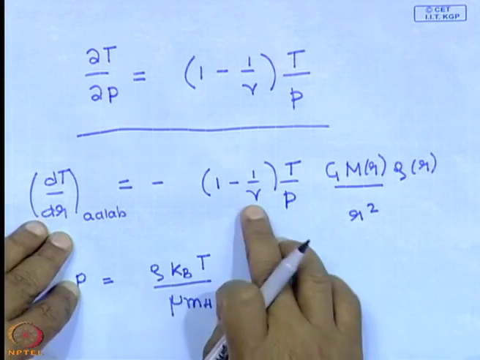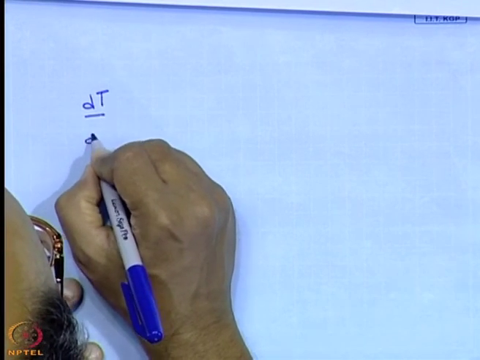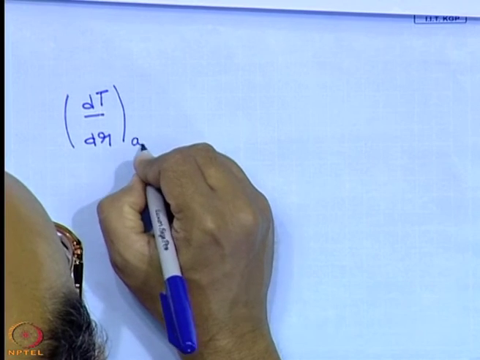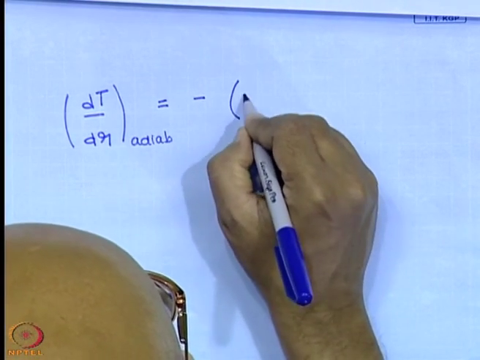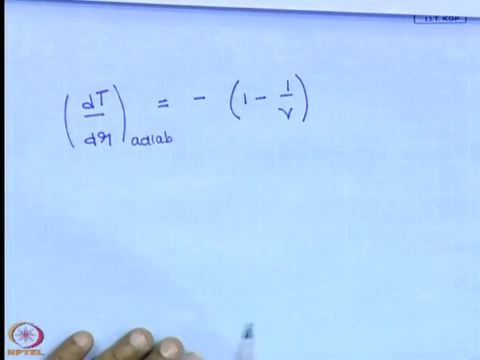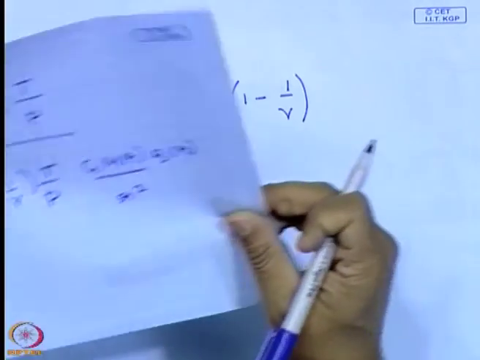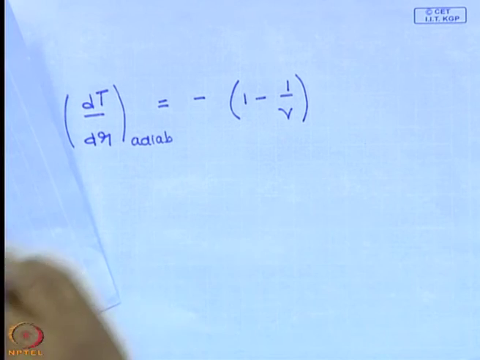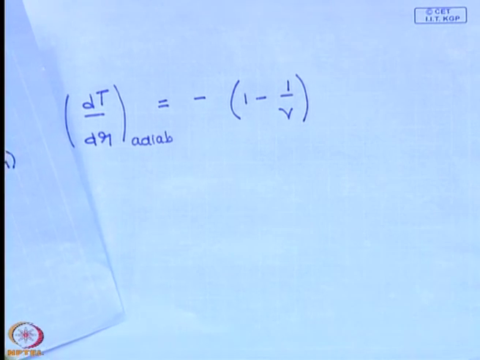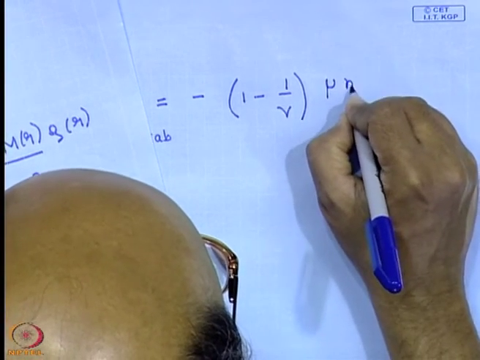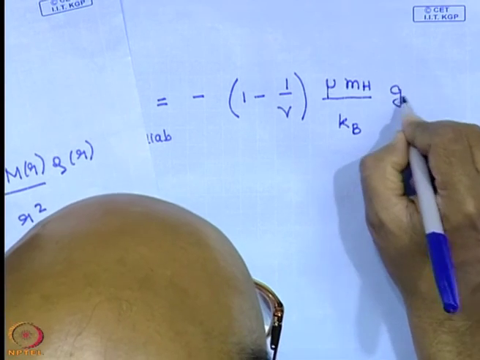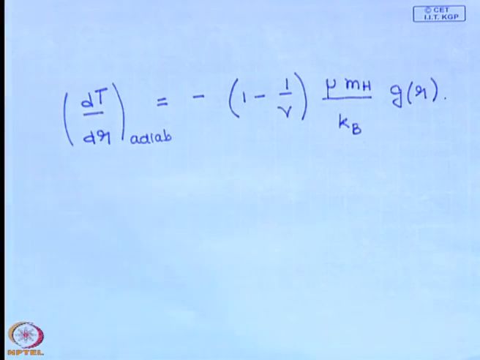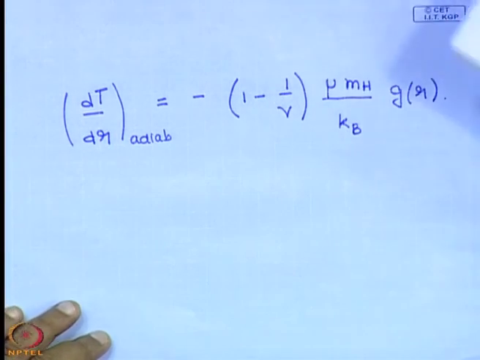So, then substituting those factors in this equation, what we get is the final equation: dT dr adiabatic is equal to minus 1 minus 1 by gamma, and then, since rho T and P come here, we have mu m_H by k_B into the gravitational acceleration at that point, at that distance from the center.